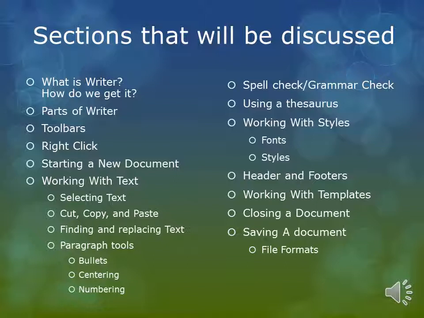We're also going to touch base on spell check and grammar check, using a thesaurus, working with styles. This would be our fonts, our colors, our styles, how we want it laid out, our headers and our footers, working with templates, closing a document, and saving a document, different kinds of file formats that we can use within OpenOffice Writer.